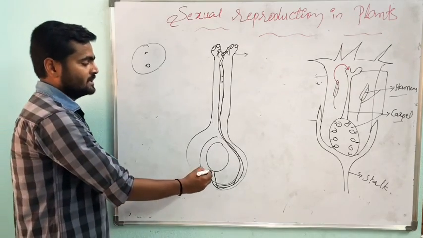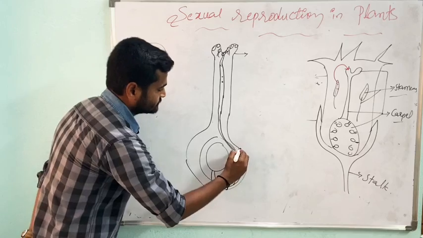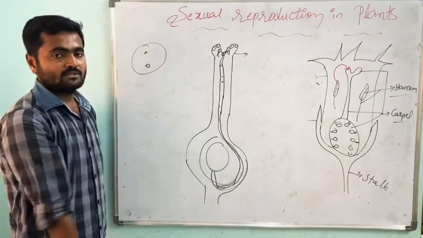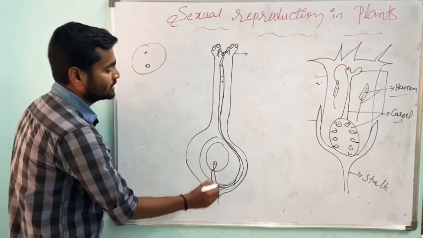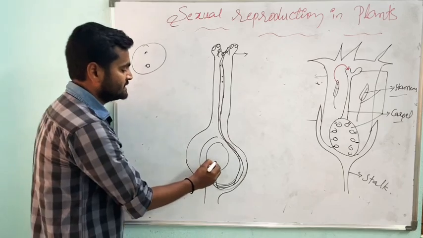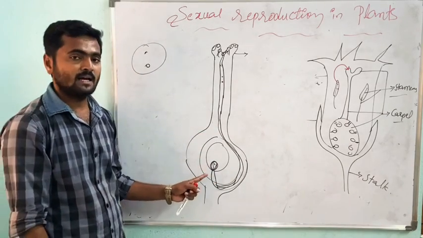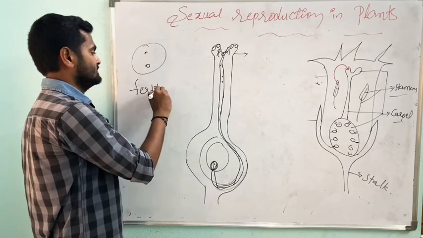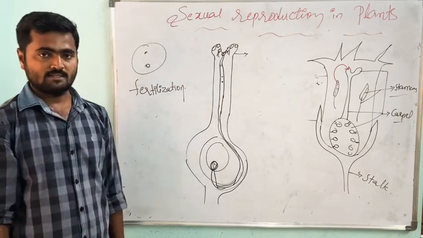Now what happens? Whenever these two nuclei enter the embryo sac, one male nucleus fuses with the egg cell's nucleus and forms what, Nana? A zygote. This is called the fertilization process.